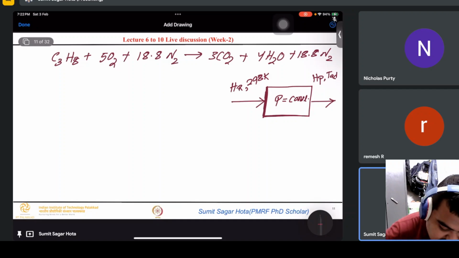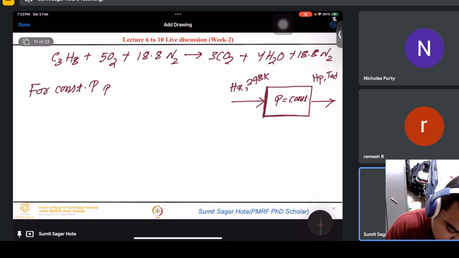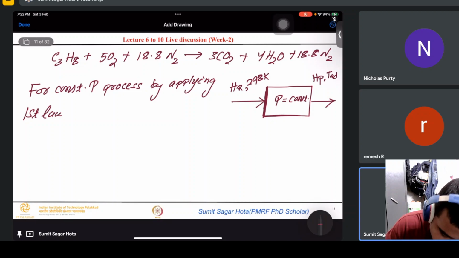For the constant pressure process, by applying the first law for adiabatic condition, we're assuming the whole system is adiabatic.